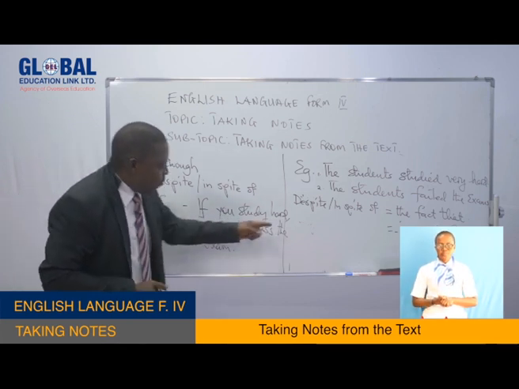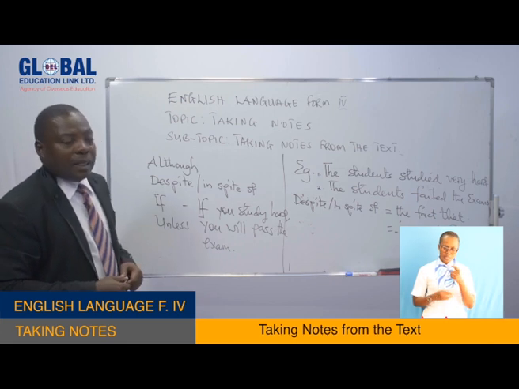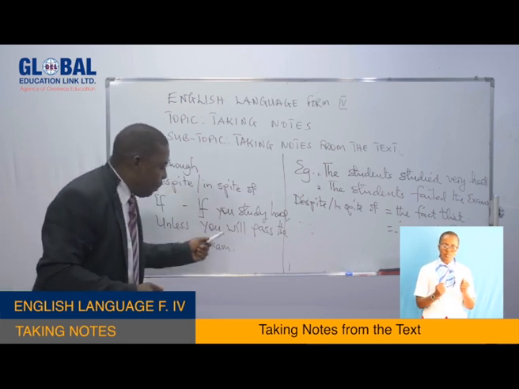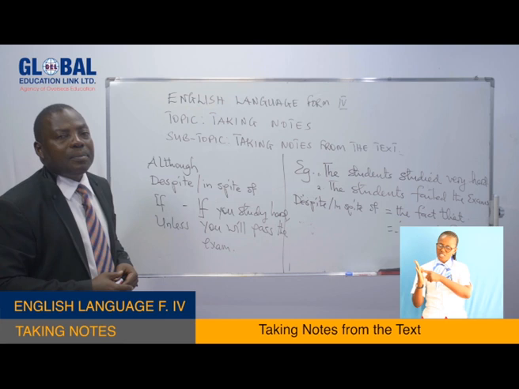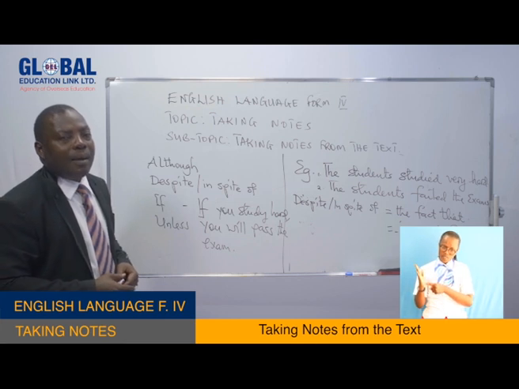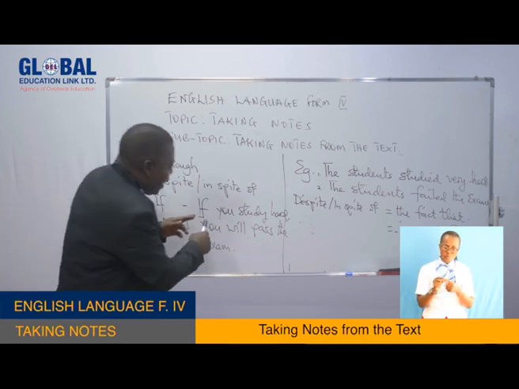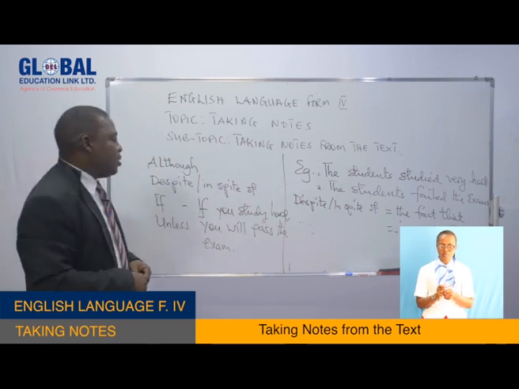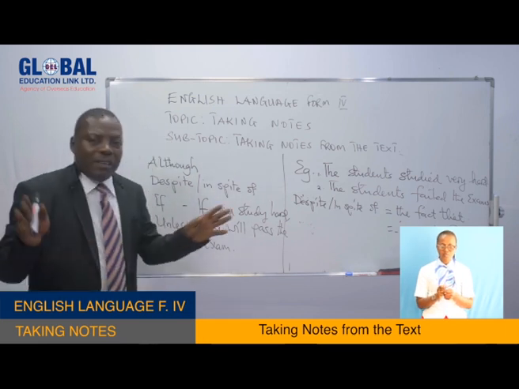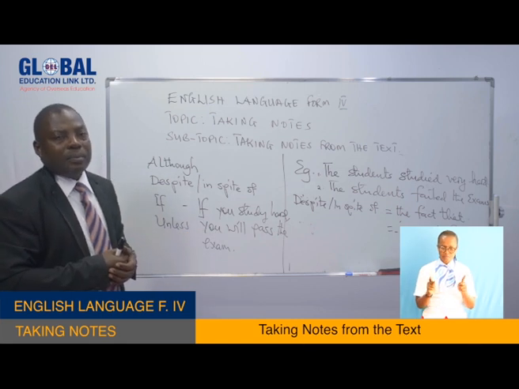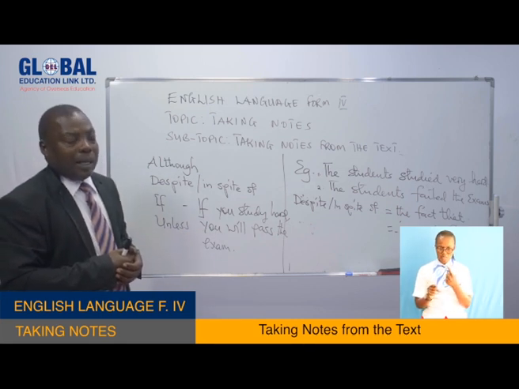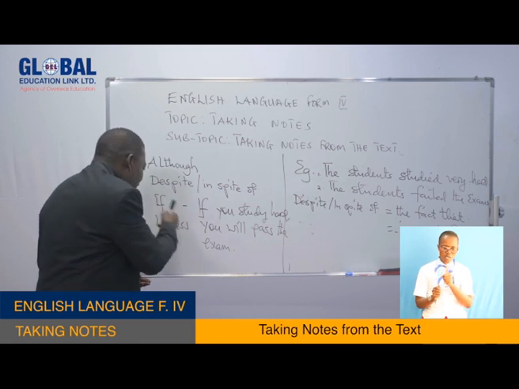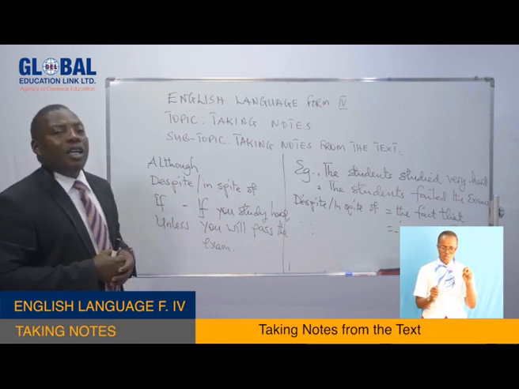The first event becomes the condition of the happening of the second event. And if the first event does not take place, that means the second event would never happen as well. That is what and how if is used.